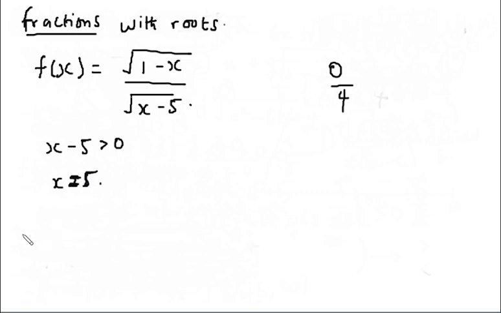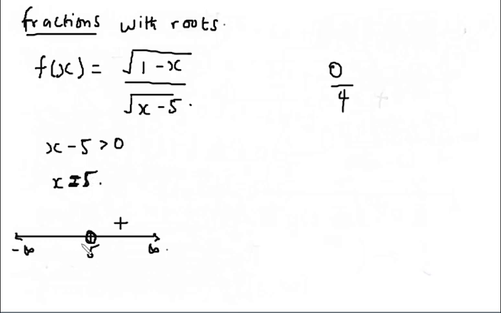So on our number line, we have 5, we have negative infinity here, and positive infinity. So to the right of our number line, say if we pick the number 6. So 6 minus 5 is 1, which is a positive number, and it satisfies our inequality. So this is a positive number. This is an open point.